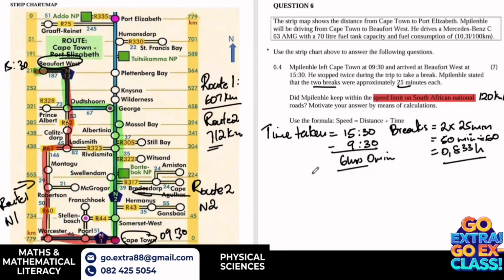But now we need to separate the driving time. What was the driving time? We take the time for the whole trip and subtract the breaks.